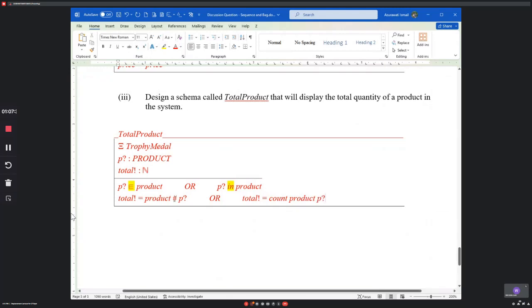So either you use hashtag or you use the keyword count. Either one produces the output for bag.